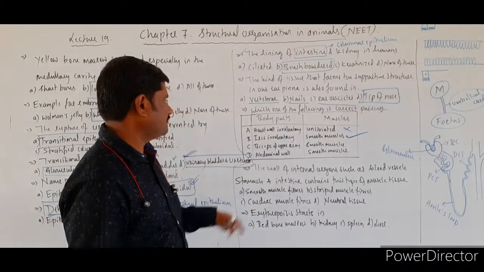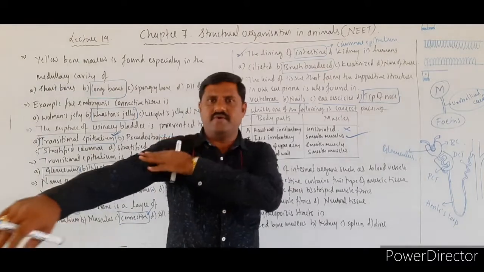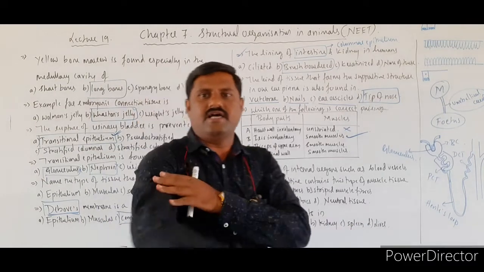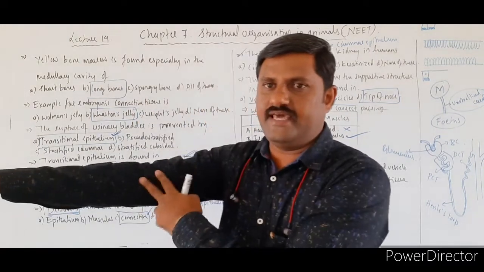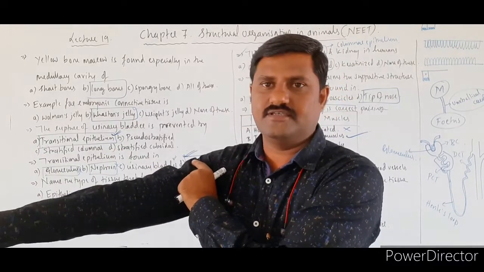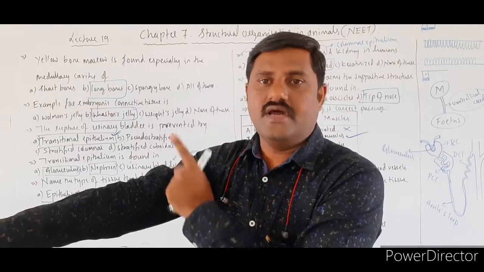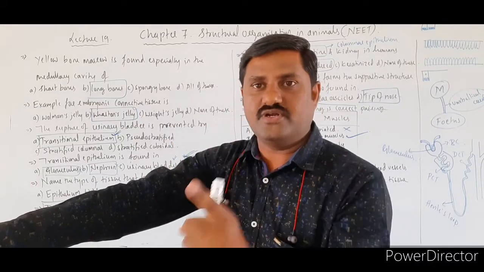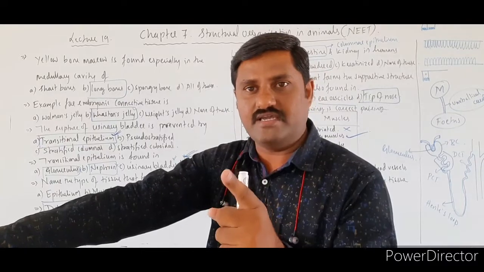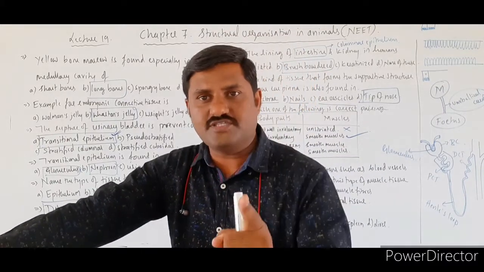Okay, third one. Biceps of upper arm. See here, this is the upper arm. Somebody asked the question, upper arm is there, it has one bone and that bone is humerus. It is a kind of long bone in our body. Actually the longest bone in our body is the femur, that is the thigh bone.